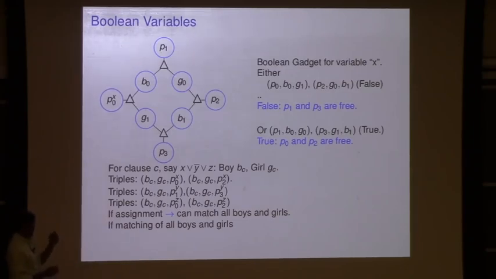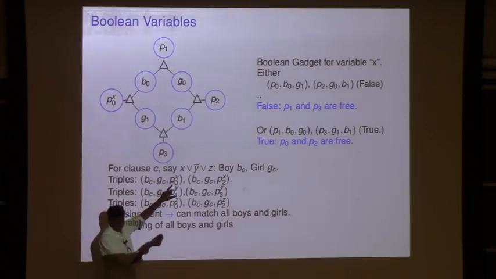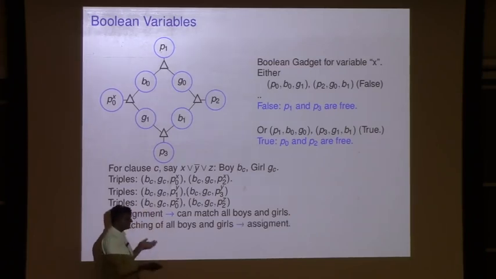This is very tight, in both directions. If I do have a matching of all the boys and girls here, there's some pet that was free in some gadget. That means that gadget was set to true or false. This gadget is a little complicated, but once you construct it, it's clear that they're exactly the same thing.